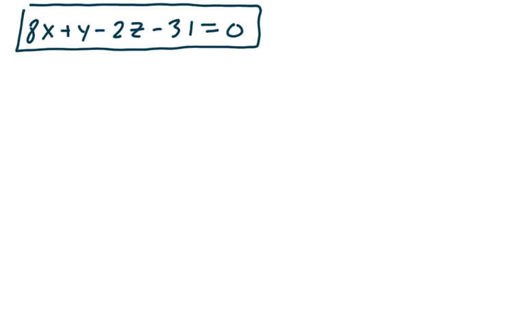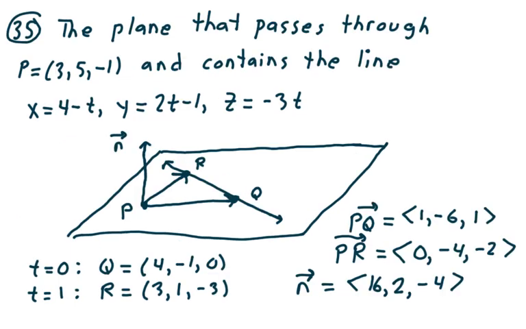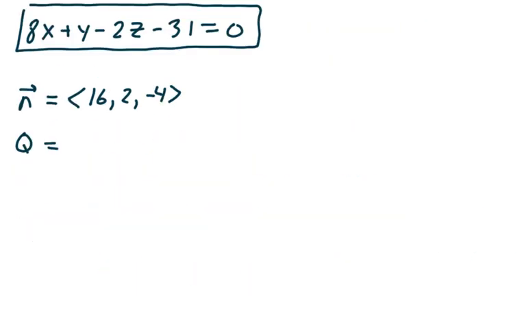And we can double check ourselves, kind of like in the last problem here. So remember that n is the vector 16, 2, negative 4, right? And we can choose Q. Let's go back. Q is the point 4, negative 1, 0. And we could check, right?